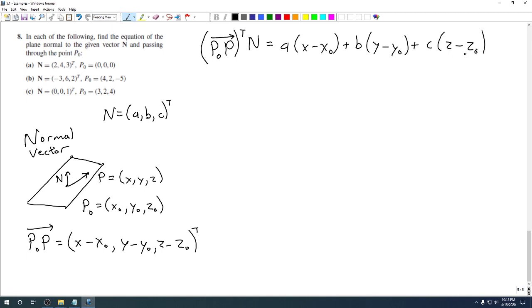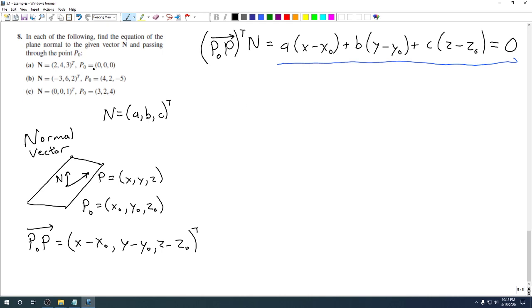And for this to really work out, we want this to equal 0. We want these two vectors to be orthogonal. So really, this is what our equation becomes. If we have a so-called normal vector (a, b, c), then we can stick those a, b, and c in front of these differences, and get an equation for our line. Or, not a line, a plane. An equation for our plane.